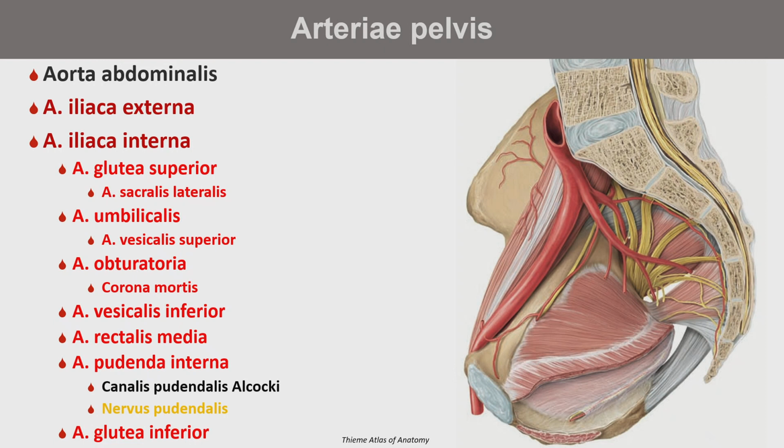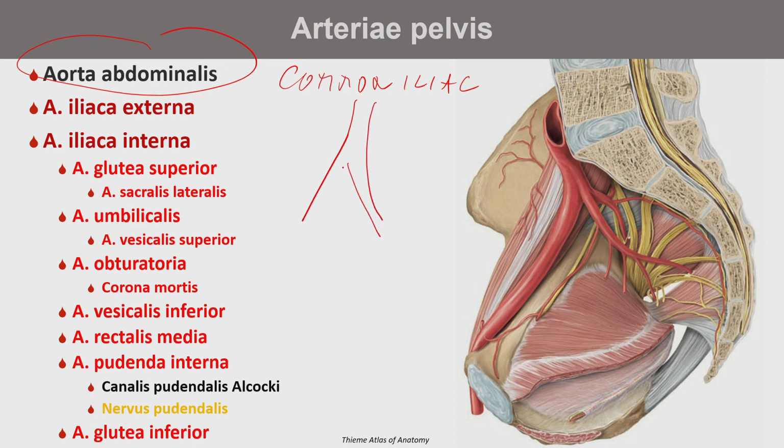Now we turn to the pelvic region and to the lower limb. Now we turn to the abdominal aorta. The abdominal aorta is divided into two common iliac arteries, and each common iliac artery is then divided into two main branches, the internal iliac artery and the external iliac artery.